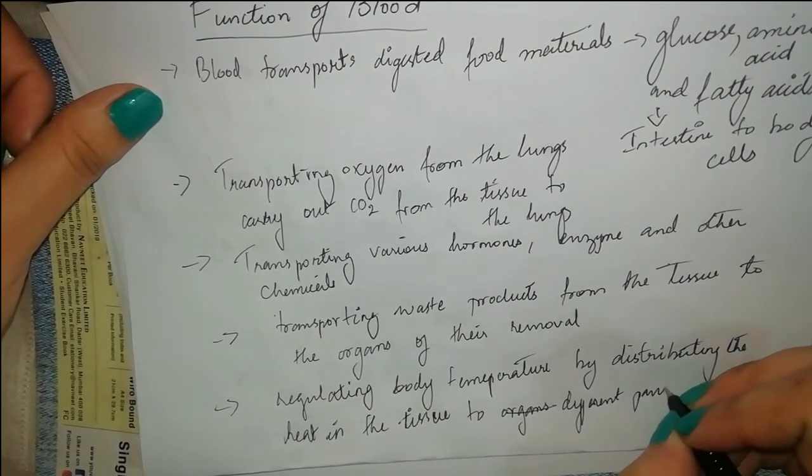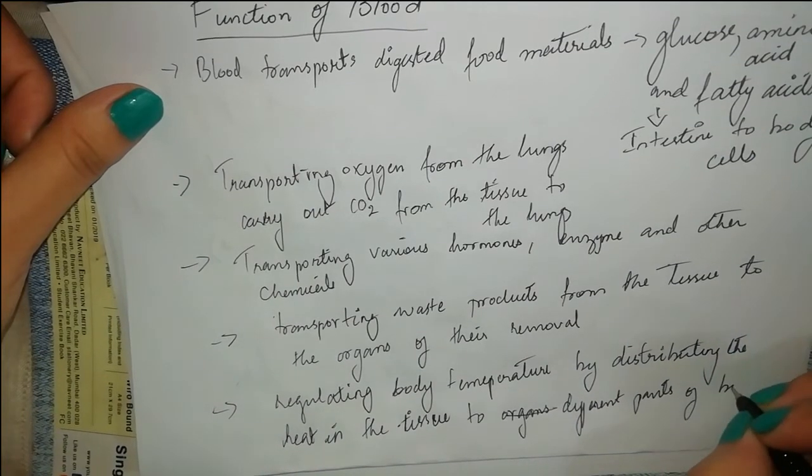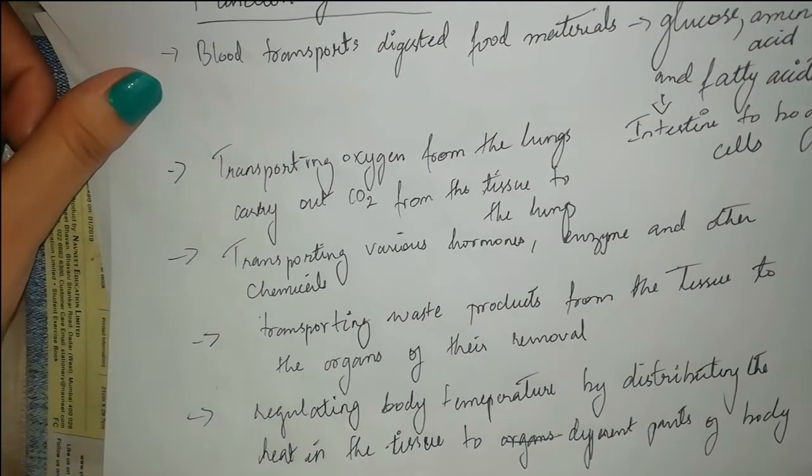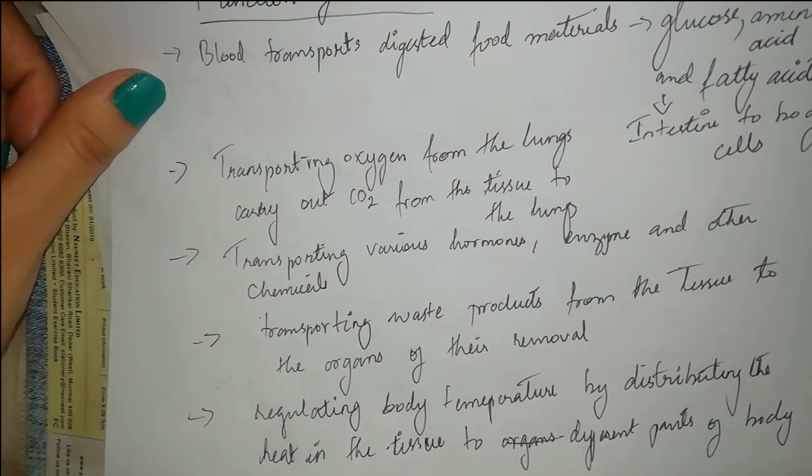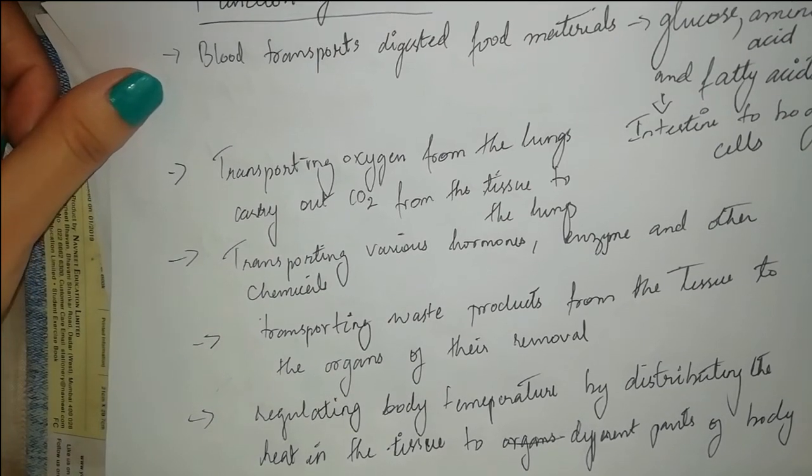So they help in maintaining body temperature. Suppose if there was no presence of blood, your body temperature would be very cold. But because of the presence of blood, they help in providing heat, or they help in warming your body, and then they distribute it in the tissues and then to different parts of your body.